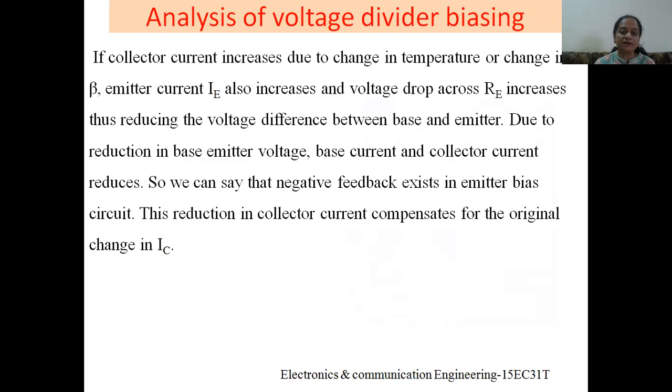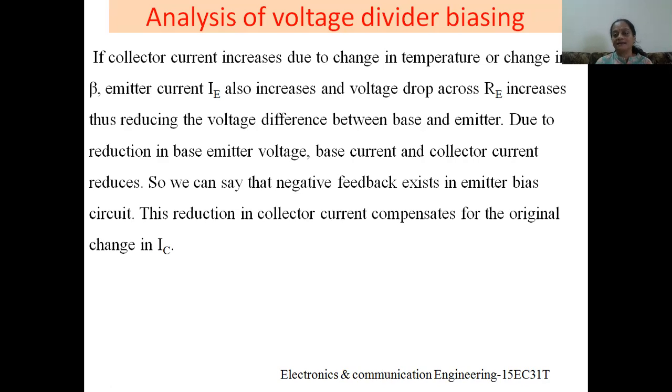So we take the condition that collector current increases due to a change in temperature, or the beta changes. What happens? The emitter current also increases, because collector current and emitter current are related. When emitter current increases, since we have connected the resistor across the emitter terminal, naturally the voltage drop across RE increases.